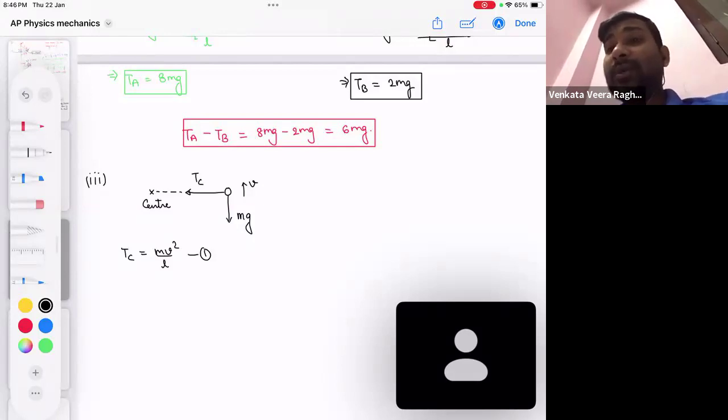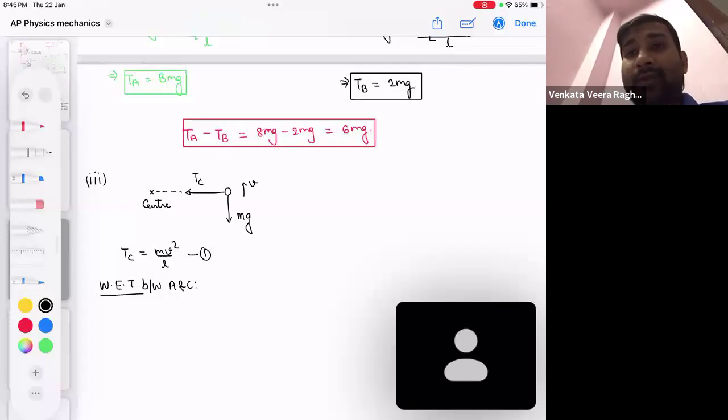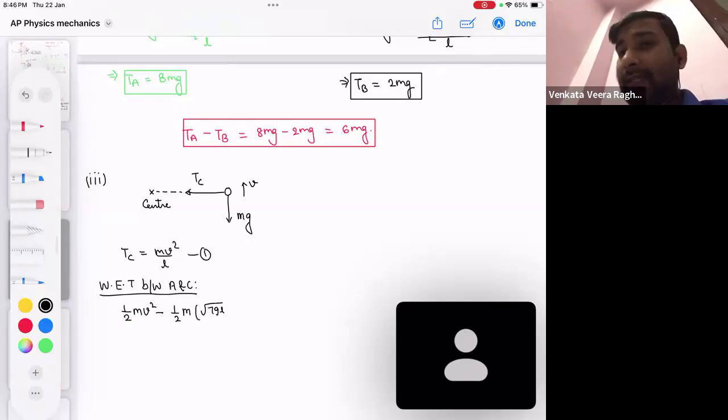So I need one more equation. From where will I get it? Again, the work energy theorem between A and C. I have to calculate the C velocity. The A velocity is root 7 gL. Again, tension work done is 0.